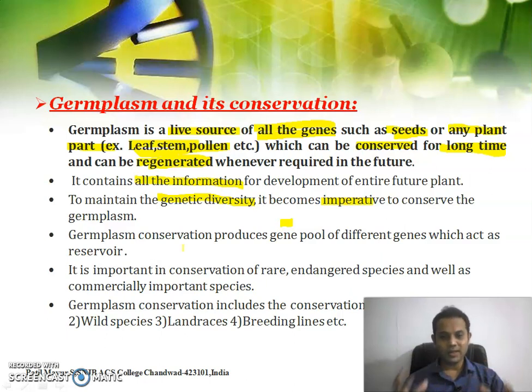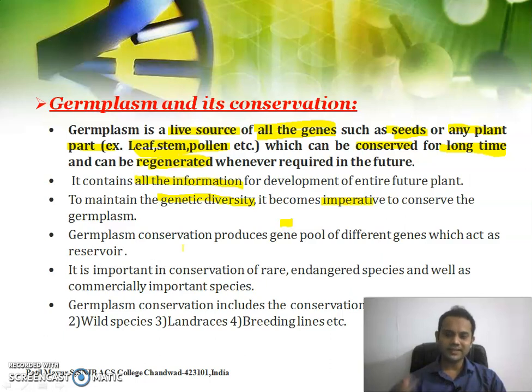All living creatures have an equal right to live in this world, and for that we have to live in harmony with nature. So that is important. If we don't conserve the rare and endangered species, which are very few in number, they may get extinct and we cannot recover them. To maintain that biodiversity, it is very important to conserve it.